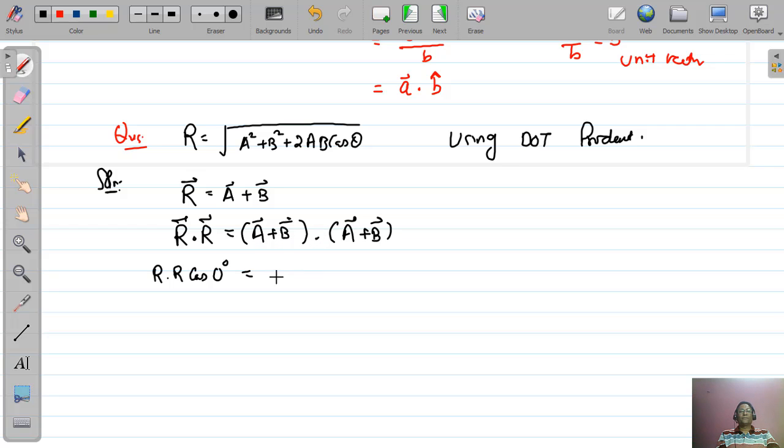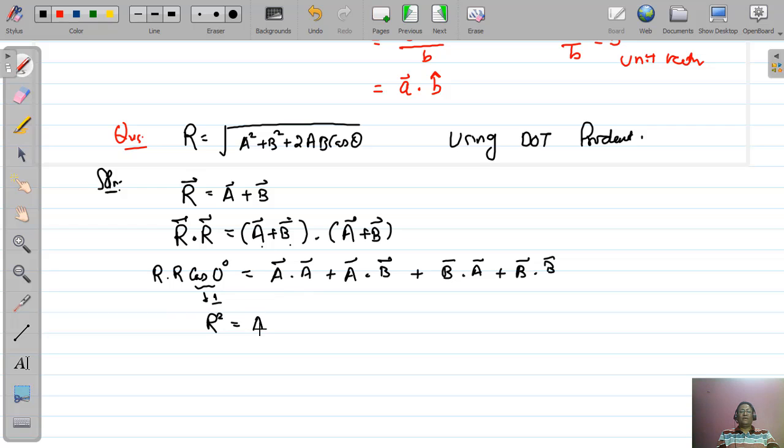A dot A, vector A dot vector A, plus vector A dot vector B, plus vector B dot vector A, plus vector B dot vector B. Cos 0 is 1. So we get R square equal to A dot A.